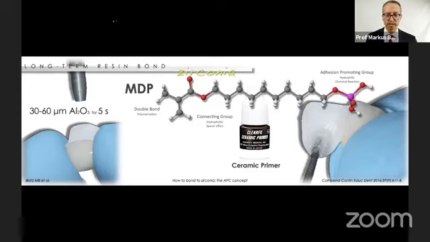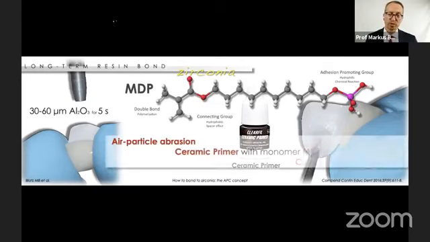This is one primer containing a monomer that has become very, very popular. Many of the manufacturers, and I'm just showing you one example here, now have their own zirconia primers, which work very similarly to get better bond strength to zirconia.